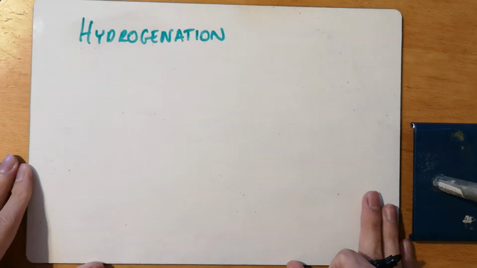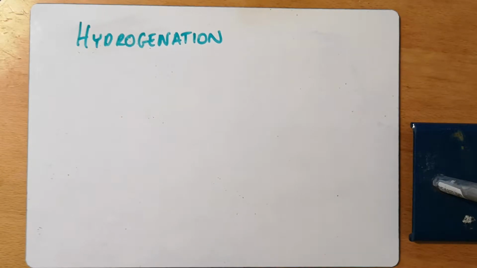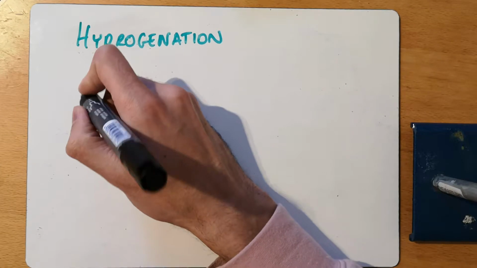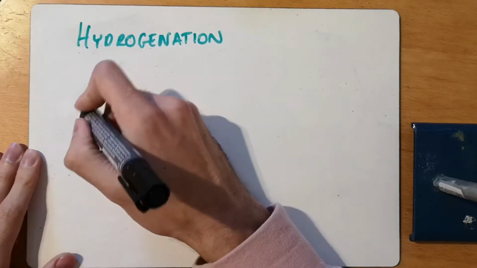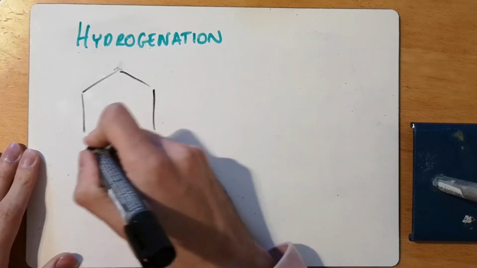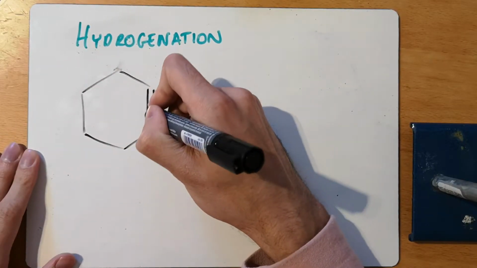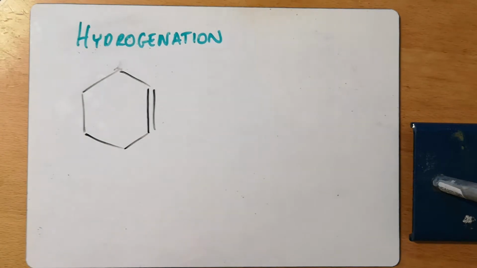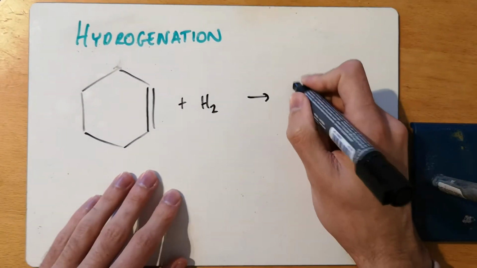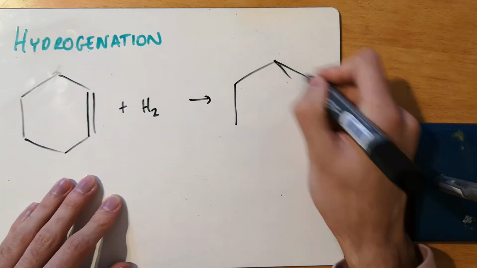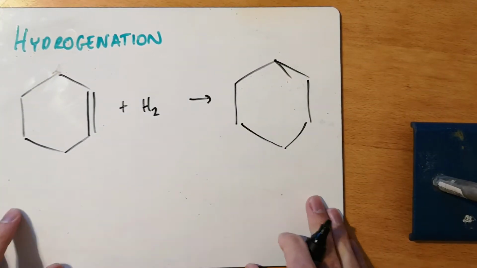And the third and final reason is its hydrogenation enthalpy. Let's do the Kekule structure, sorry. Very simple. If we react this structure with hydrogen, so plus H2, it's going to go to cyclohexane.